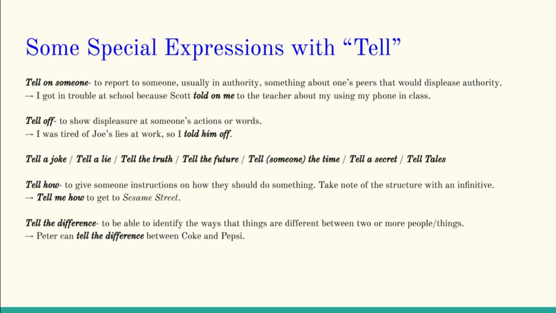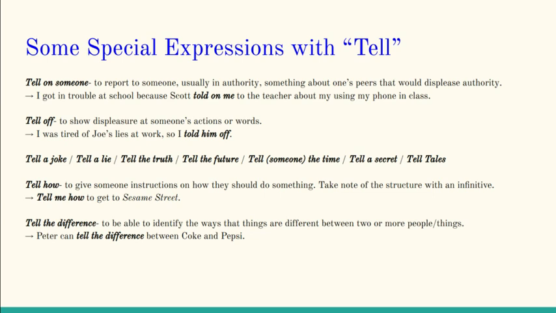Okay, and we see the example here. I used my cell phone in class, and I thought that nobody else knew about it, but I got in trouble because Scott told on me to the teacher about my using my cell phone in class. Okay, it's basically to report on someone to authority.